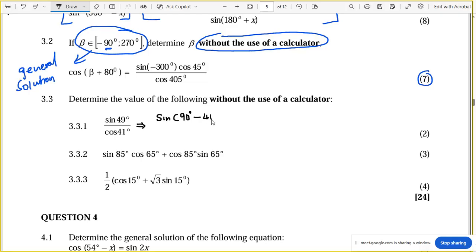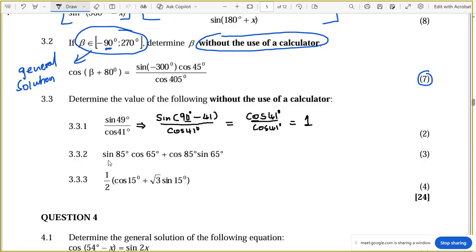Then let me leave the bottom part as the cos of 41. Since I have 90, this is a cofunction. The top part is in quadrant 1, sine is positive. This changes to positive cos of 41 over the cos of 41. So these two cancel, they just give me 1. That was easy, né?